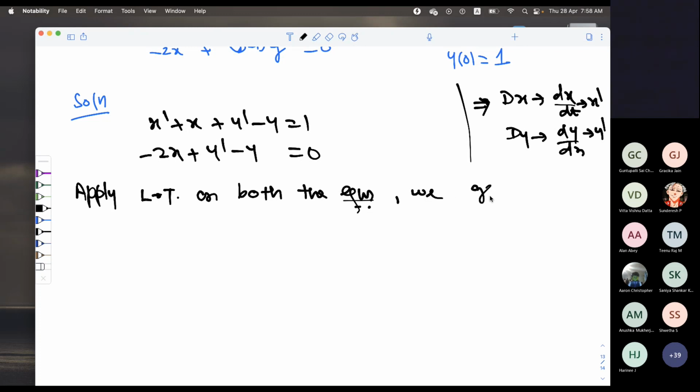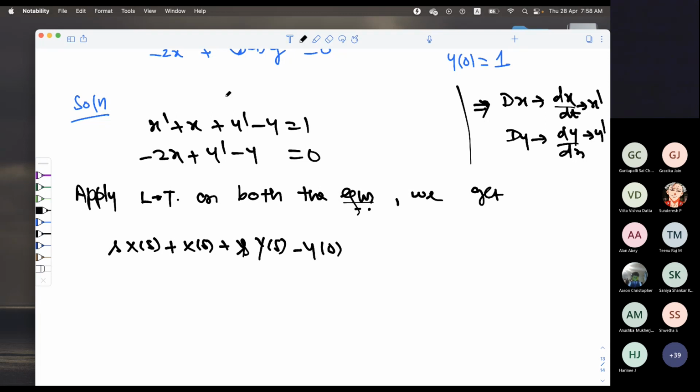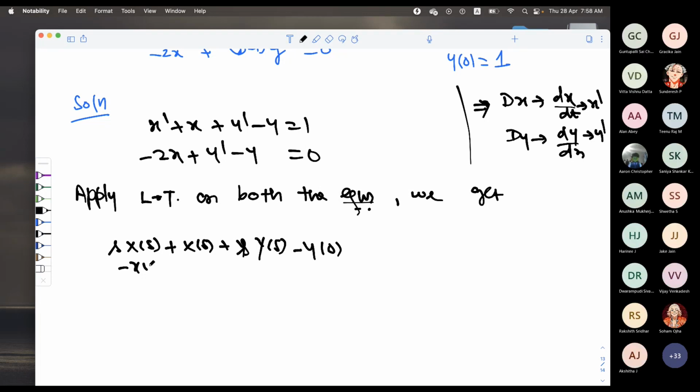We get L of x', shall I write directly? Because you know that this is s times X(s) plus L of x is X(s), plus s times Y(s) minus y(0). I think I missed the x(0) here.